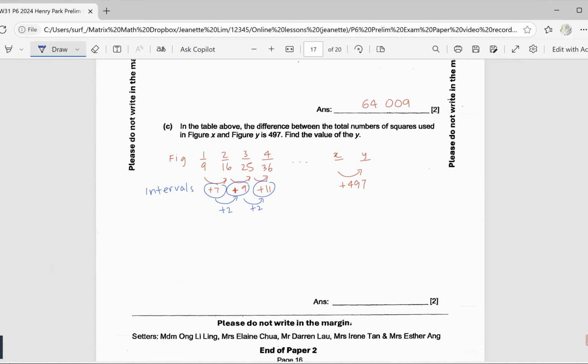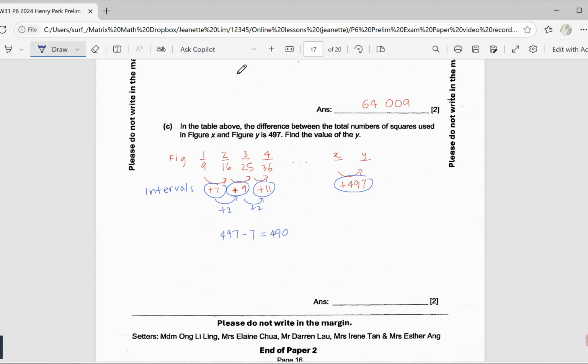So firstly, what we want to do is, now we're looking at another set of pattern. 7, 9, 11, all the way to 497. So first we take 497 minus the first number, which is 7. That gives 490.